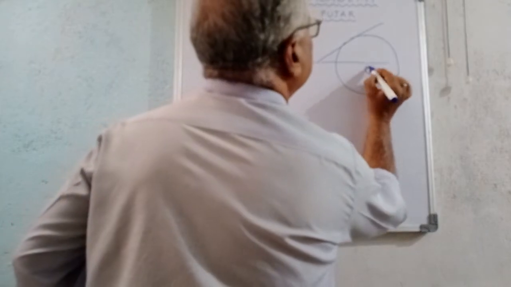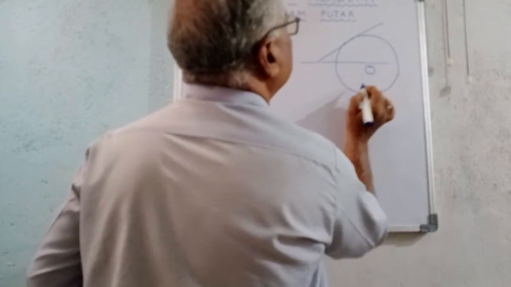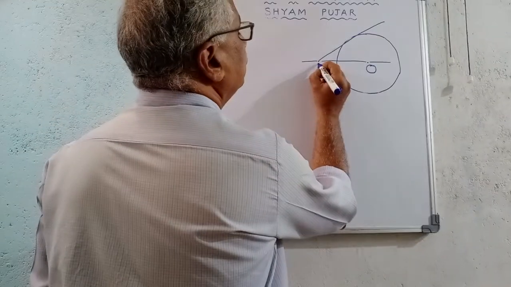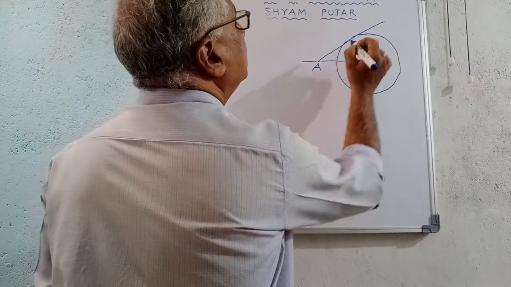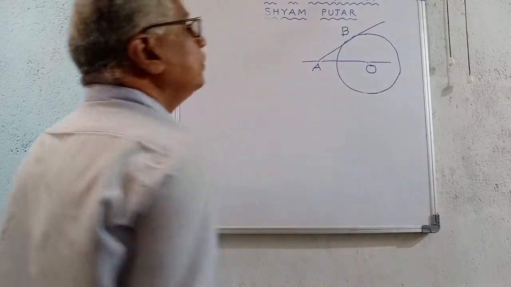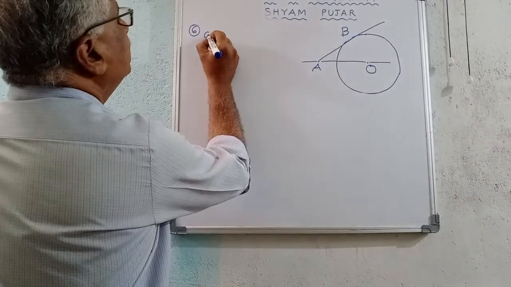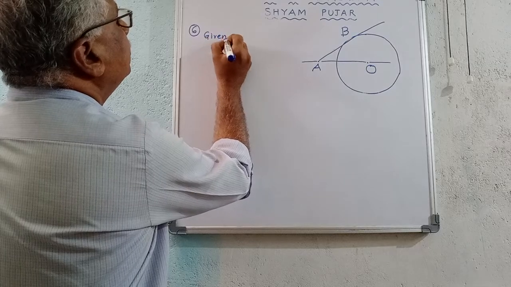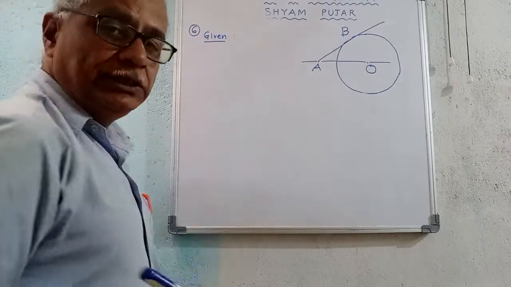Let us start giving them some names. This is O as usual, the center of the circle is O. Let this be A, and let the point of contact be B. Okay, so we have been given some data. What is given to us?